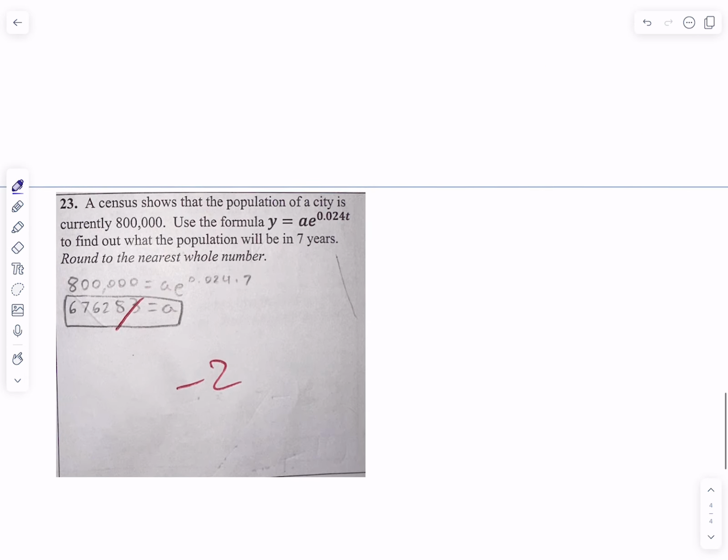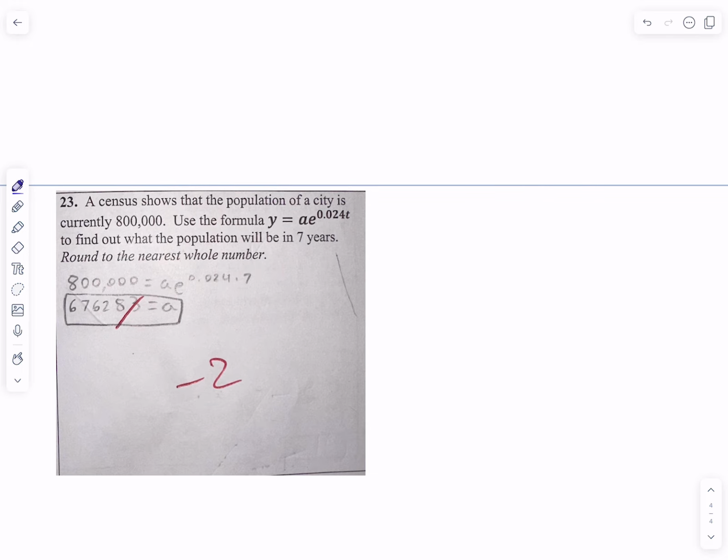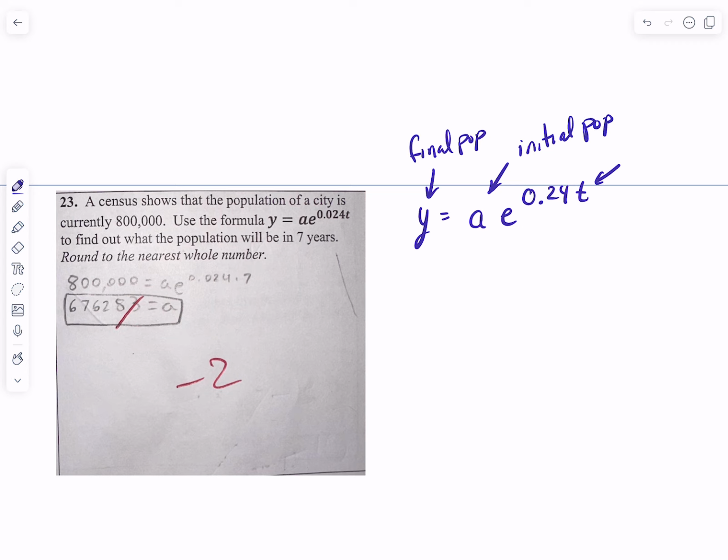So you just got the formula wrong, right? So on this one, y equals a e to the 0.24 t. So y is equal to the final population, A is equal to the initial population, and t is the time.